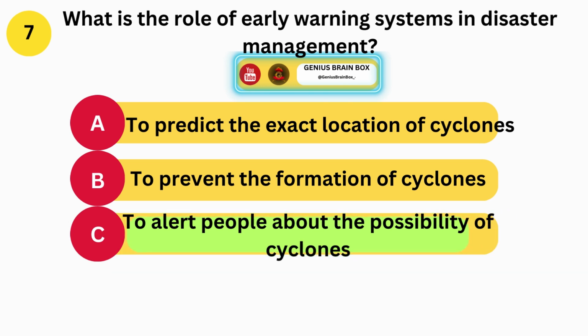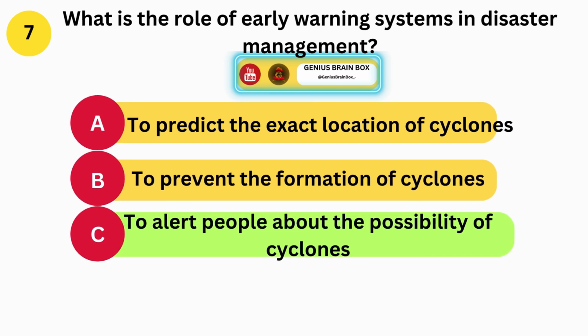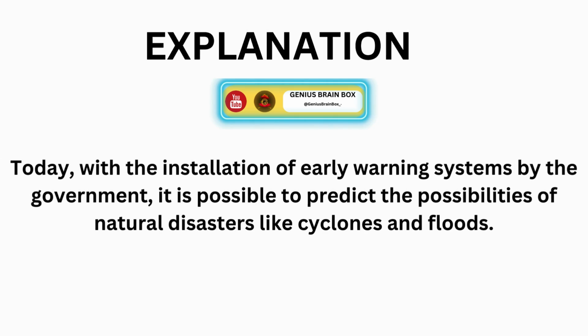Correct answer is... Explanation. Today, with the installation of early warning systems by the government, it is possible to predict the possibilities of natural disasters like cyclones and floods.